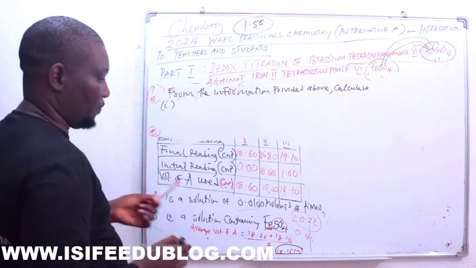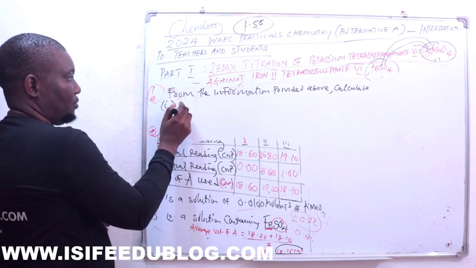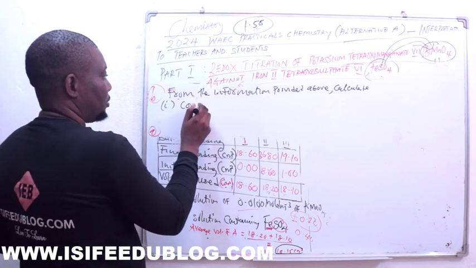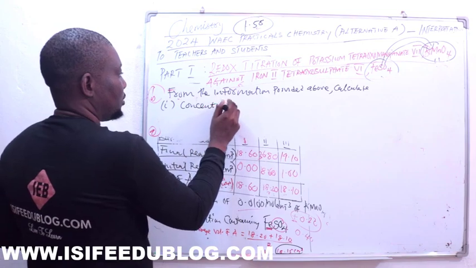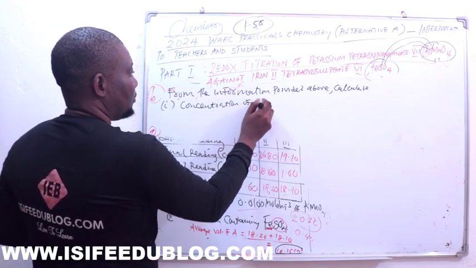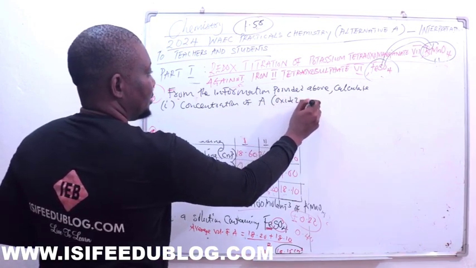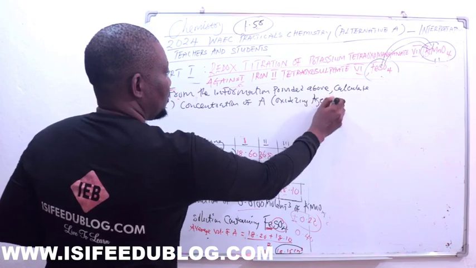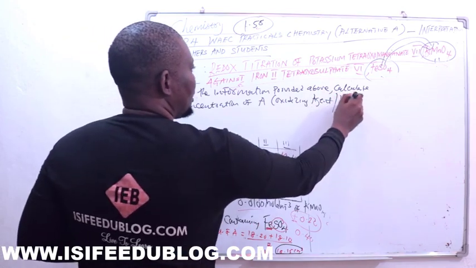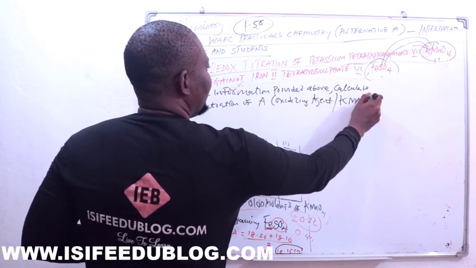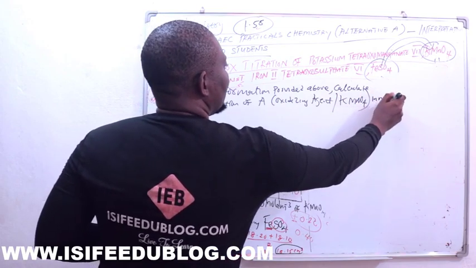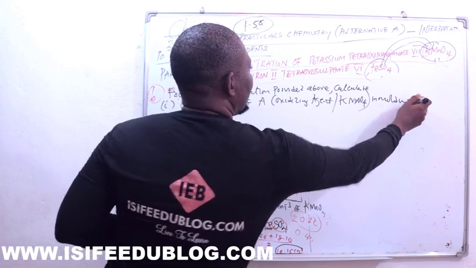Since the concentration of this is given already, what else we see is: calculate the concentration of A, which is the oxidizing agent, KMnO4, in mole per dm cubed.